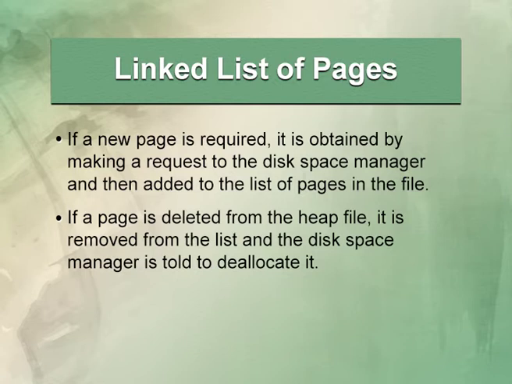If a page is deleted from the heap file, it is removed and thrown into the free space area, and then proper pointers need to be set. These two functions are the primary functions in the doubly linked list for the heap file organization.